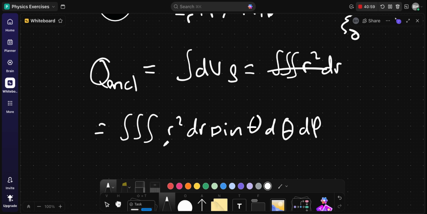And we need the charge density, which is given by alpha times r. So this is rho, the r-dependent charge density.